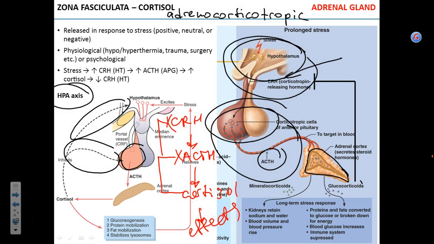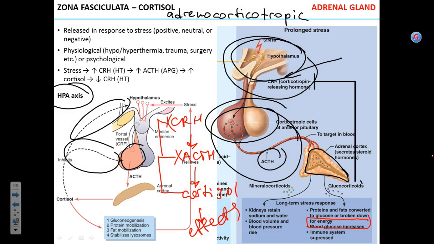And what are the main effects of cortisol? Probably first and foremost, an increase in blood glucose. Cortisol increases blood glucose to give you energy to combat stress.